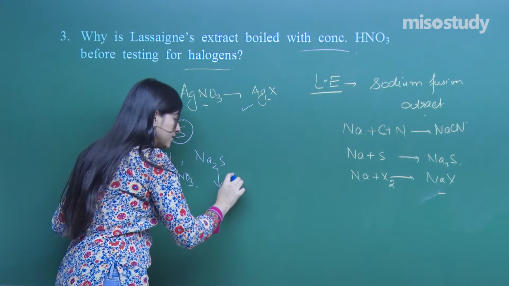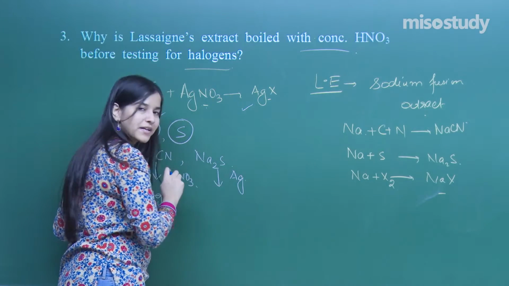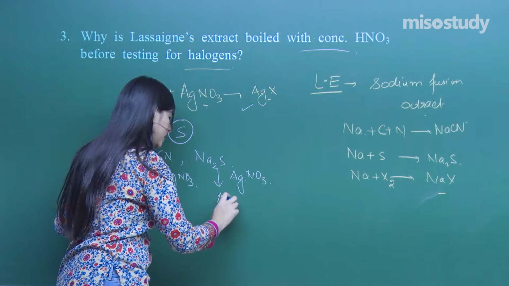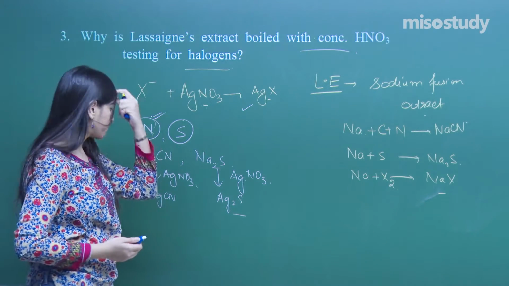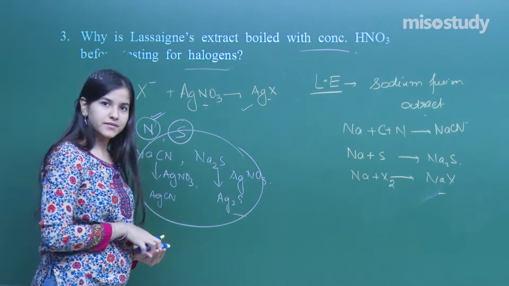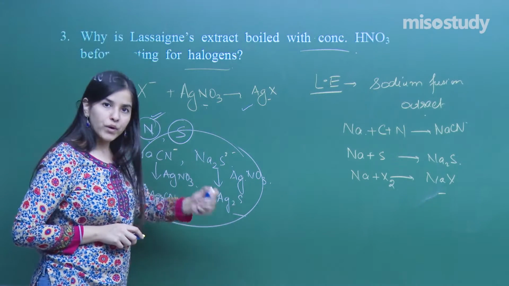If there has been the presence of sulfur, LE would be containing Na2S, and on adding AgNO3 we get Ag2S, yes. It's a black precipitate which is formed. So basically, due to the hindrance of these ions, the sulfide ion S2 negative and the cyanide ion, what do we do?